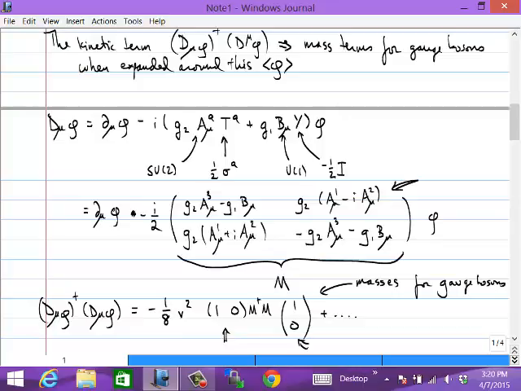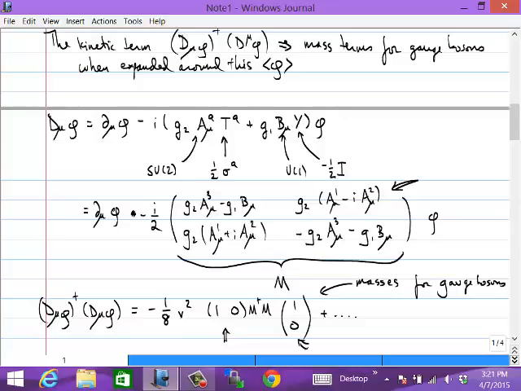And remember that for fields in the adjoint representation, like the gauge field, the coupling term in electromagnetism is a commutator. If this is not clear, it will be by the time you do the problem set due Friday. If you just work out what that commutator looks like, the commutator between two fields on the diagonal with one another is 0. That's why A mu and Z mu are uncharged under electromagnetism.